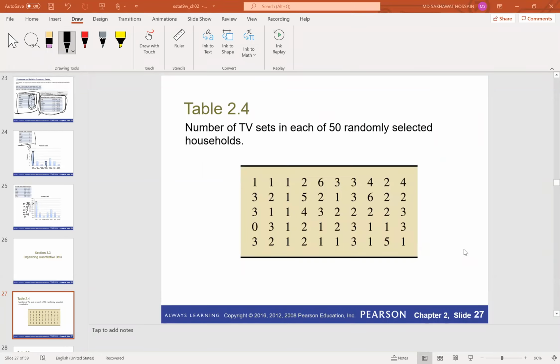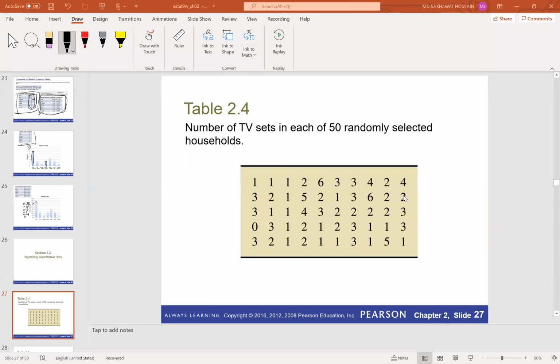Now the question is, is it qualitative data or quantitative data? The answer is very simple: quantitative data, because this section is about quantitative data, and because the variable takes numerical values. Now, is it continuous or discrete?